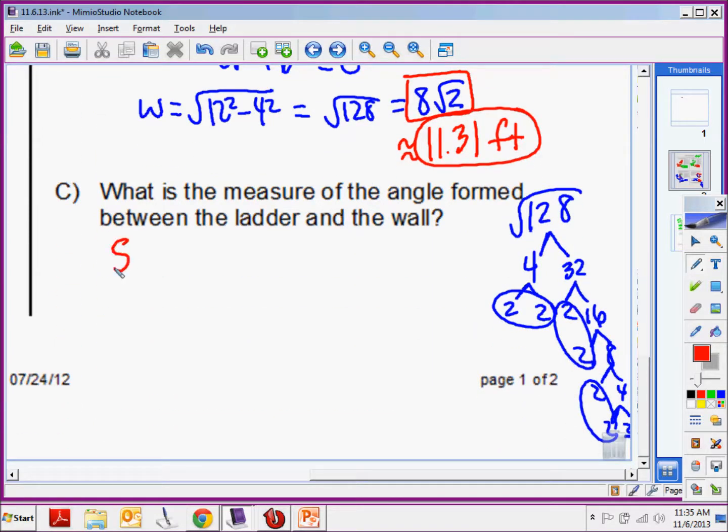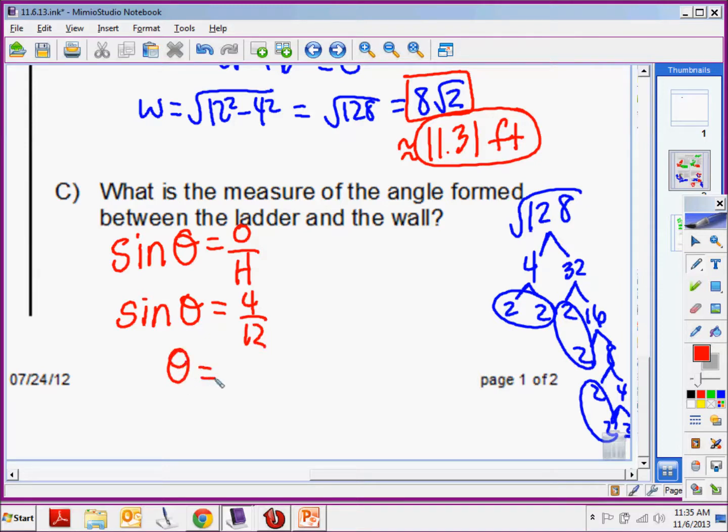Sine. So sine of theta equals opposite over hypotenuse. When I plug that in, I have sine of theta equals 4 over 12. So theta equals the inverse sine of that, and my approximate angle measure is 19 and 47 hundredths of a degree.